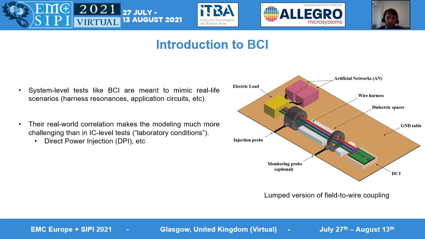So it comes as a conclusion that having accurate models of this test setup is crucial for converting a BCI or a vehicle level specification into an IC level specification. Therefore, that allows IC designers to include EMC simulations at an early design stage in the design flow process.